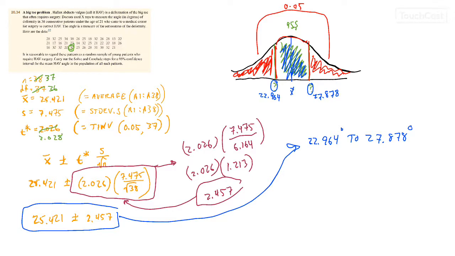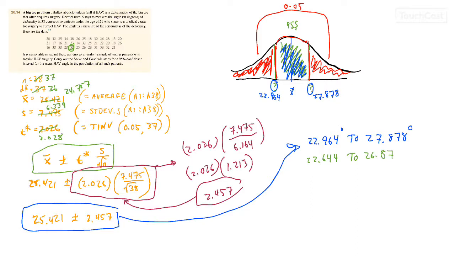So 2.028. The X bar became 24.757, and the standard deviation is 6.339, I believe. So all these numbers change, which means that the numbers in this formula change as well. And if you plug all of these new numbers in and do all the calculations, what you end up with is a range of 22.644 to 26.87, I believe.